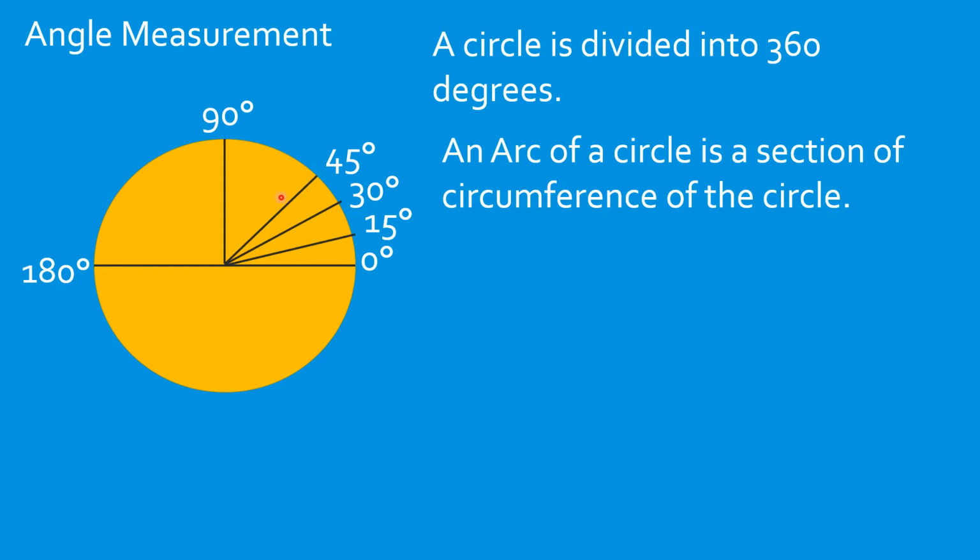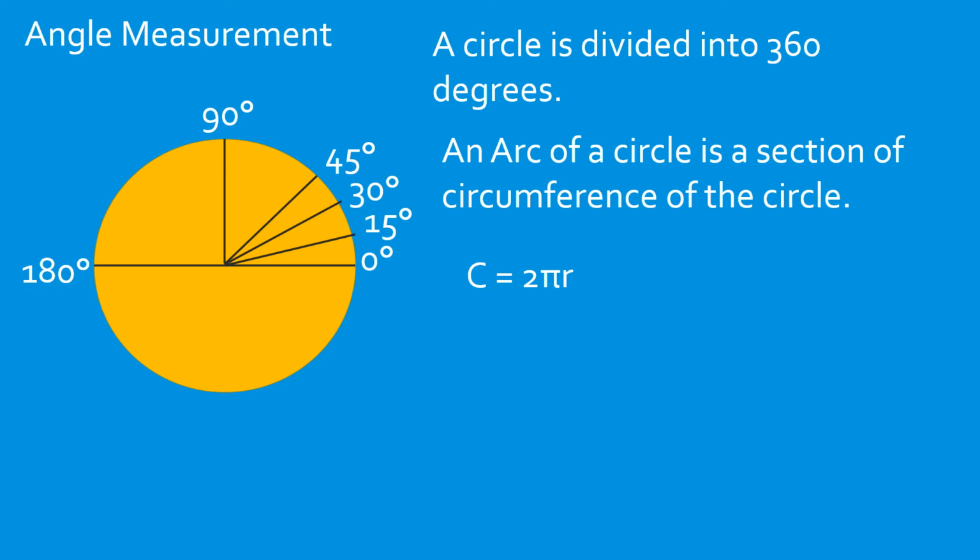An arc is formed if we have two radii. Now, we know that the circumference of the circle is equal to 2 pi r. Circumference is the distance around the circle. And why is the formula 2 pi r? Because a circle is divided into 360 degrees.